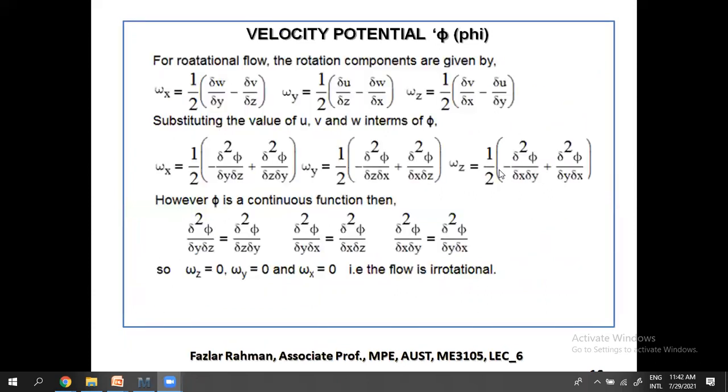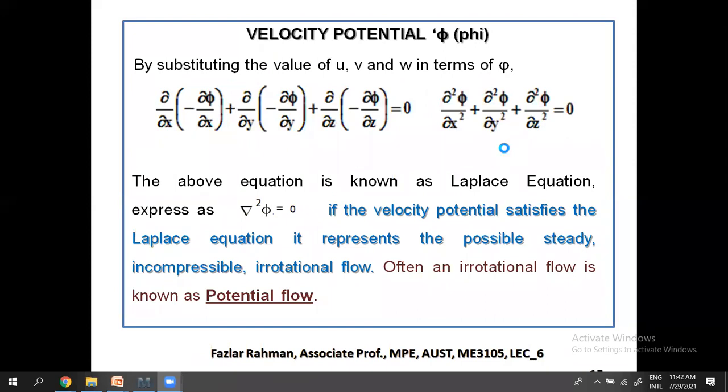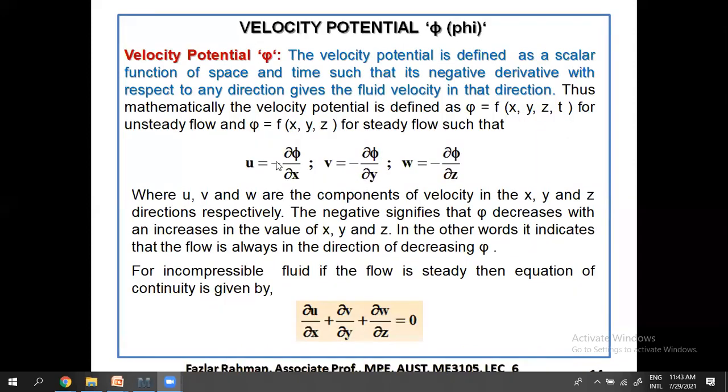Now, what is our rotational vector? The rotational vector is this one. Wx equal to this one. This is Wz. Now, we know u, v, and w.